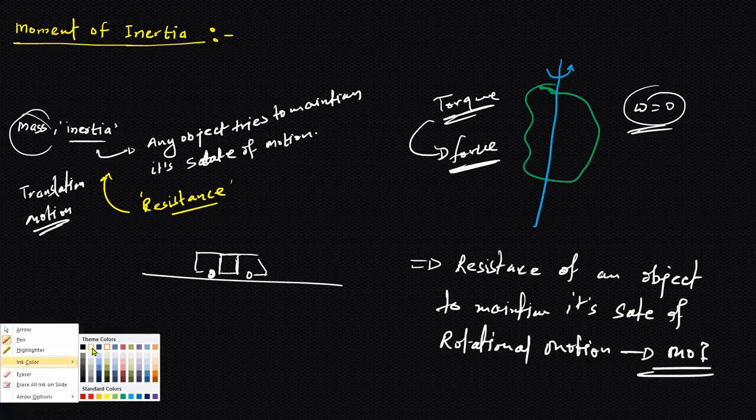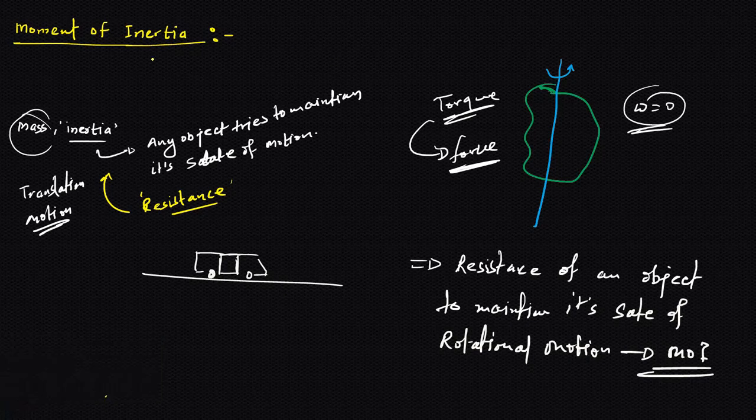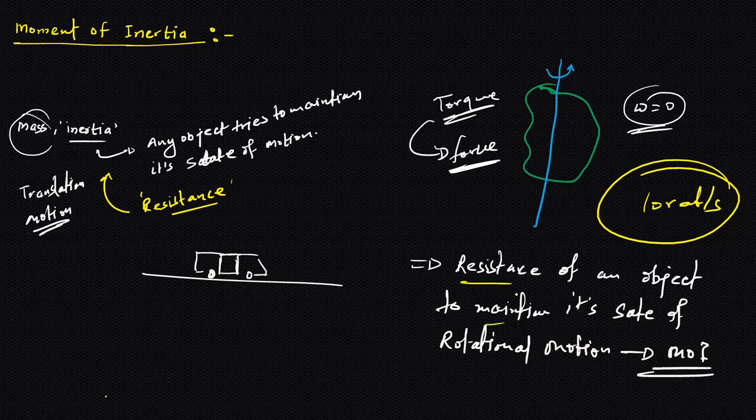For example, there is a fan, and now you want to rotate the fan with, let's say, 10 radian per second angular velocity. For that, you need to give some torque to the fan, so there is a resistance to maintain its state of motion; that is the moment of inertia. Now how is it defined?